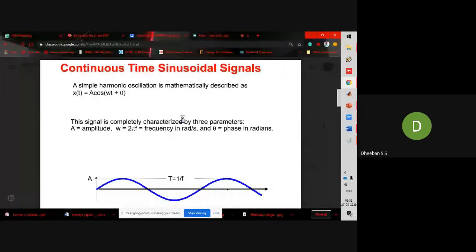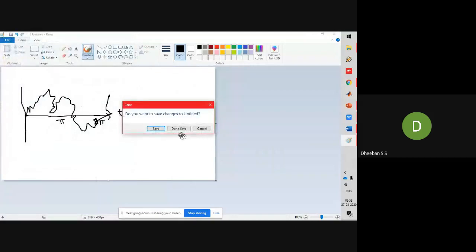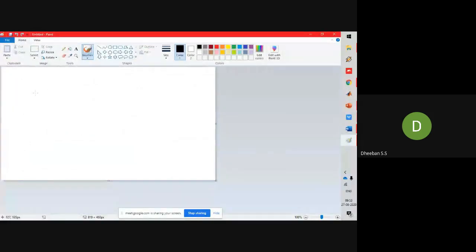Now we can get it, right? For a continuous time signal, take the apple or a ball and slice it in this fashion, into two parts, and you can just take it out.